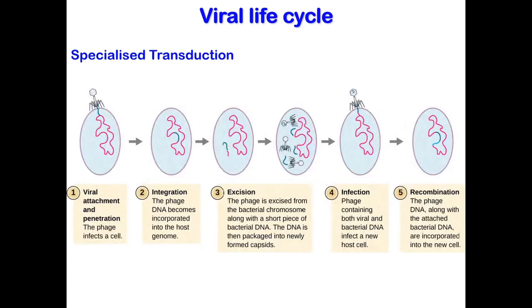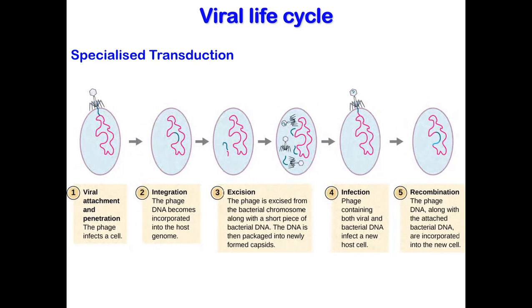So this slide shows the process of specialized transduction in more detail. As we said, specialized transduction occurs at the end of the lysogenic cycle. So if we look at step 3, the excision step, here the phage DNA is excised from the bacterial chromosome, along with a short piece of bacterial DNA. The DNA is then packaged into newly formed capsids.